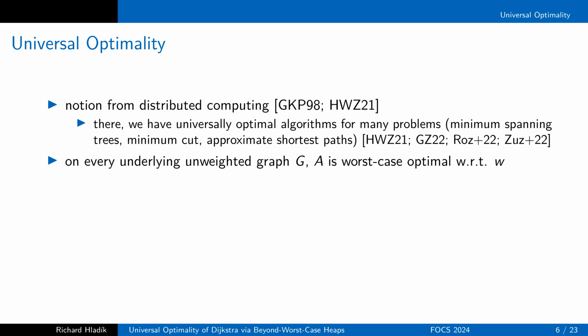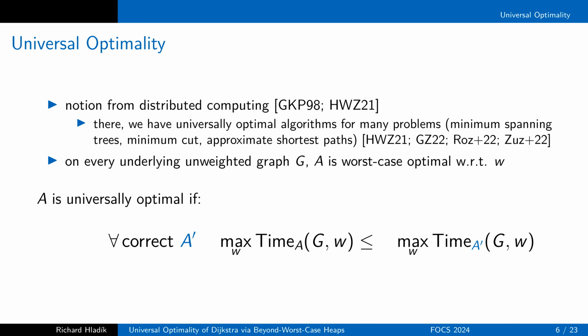So to explain it more formally, let's say that I fix the underlying unweighted graph G, and then I run my algorithm on all possible choices of edge weights. I take the maximum runtime, and then I do the same for all other correct algorithms.